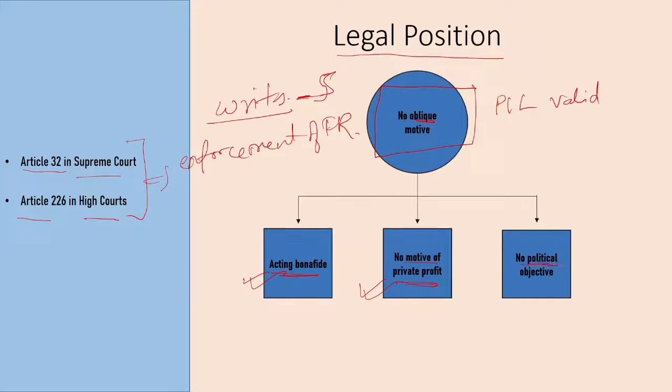There shouldn't be any political objective. So many a time people file PIL to gain popularity so that they can use the PIL to launch their public and political career. So this should not be the motive of PIL. There's a 3-page guidelines issued by the Supreme Court which is available on their website for PIL.